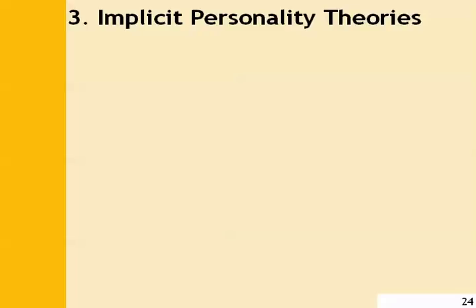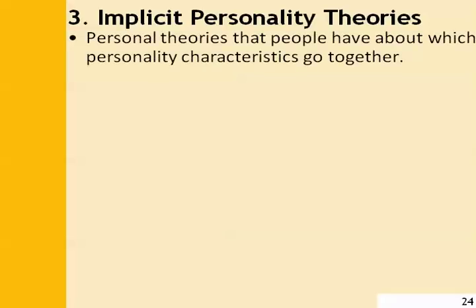What do implicit personality theories mean? They are personal theories that people have about which personality characteristics go together. What do we mean by that? Sometimes people have theories of their own, that a person who has a certain characteristic also has another characteristic that goes with it. For example, what?